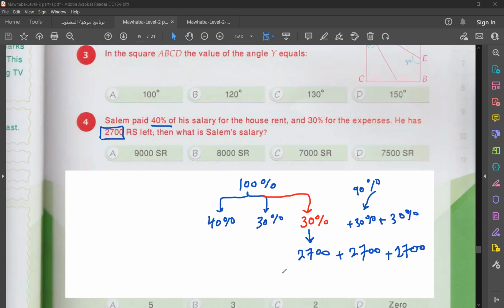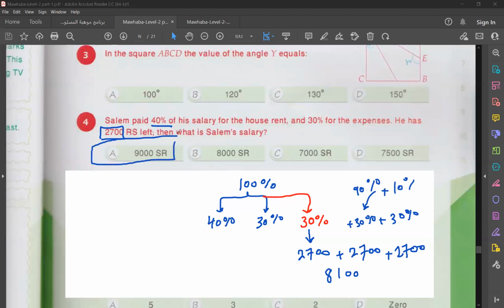When you add, it will be 8,100. And we want to find also 10%. So the salary will be more than 8,100, more thousands. Because we need also 10%, so the answer will be what?